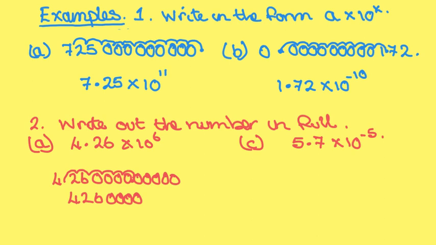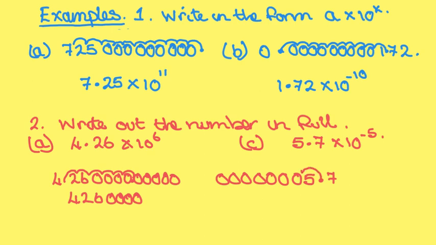C, 5.7 times 10 to the minus 5. Again, write out the A part. So we've got 5.7. Now, because it is negative, we're going to move it to the left, so we need the zeros in front. So put plenty of zeros. And now we're going to move the decimal point 5 spaces to the left.